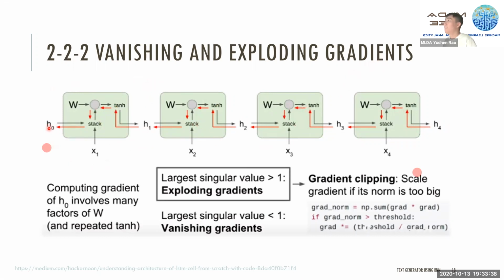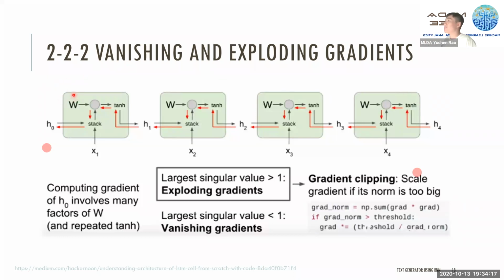We have H0 here, and we do the operation we have shown in the previous slides: we do X, H, W, and tanh, and we get H1, and so on until we get H4. For the exploding gradients, the problem happens in this W. When we do the forward pass, this W multiplies with W again and again, and they stack together.